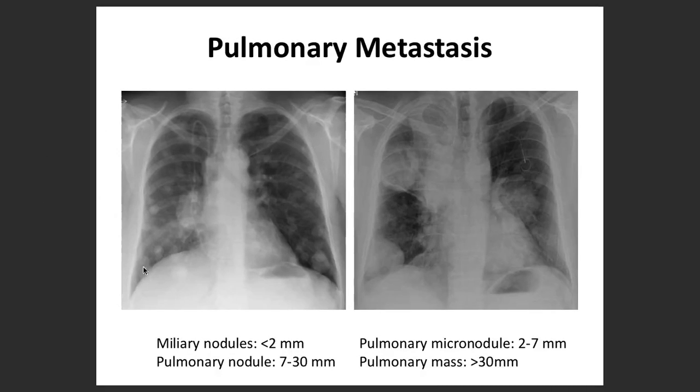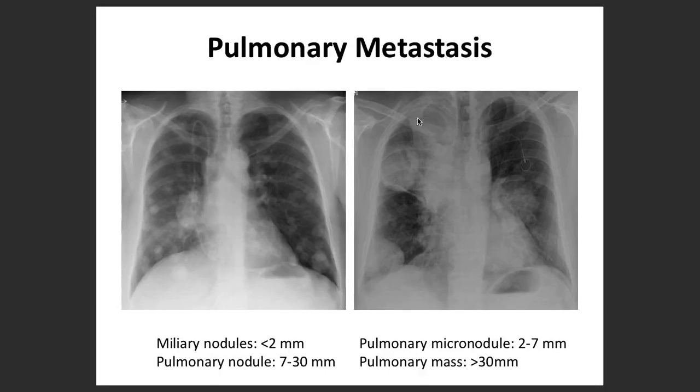As I was telling you, the miliary nodules are less than 2 millimeters. Pulmonary nodules can be of different sizes, ranging from 7 to 30 millimeters, and sometimes pulmonary masses as well. In massive pulmonary tuberculosis, you may see pulmonary masses. This is a typical X-ray of a pulmonary tuberculosis patient. You must never miss it, even in your dreams.